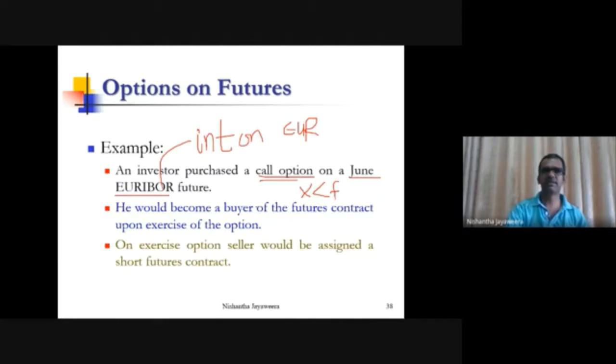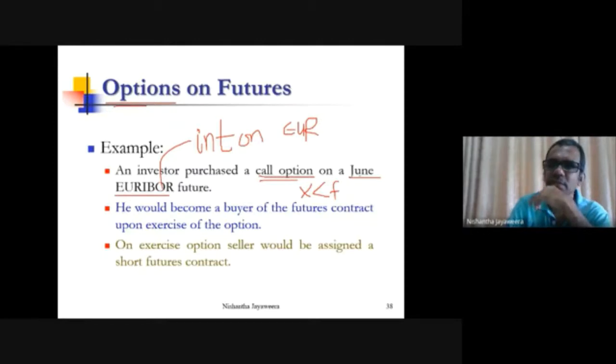In that case, the option buyer would become a long party to the futures contract, and the option seller would become a short party to the futures contract. But the only thing here is the maturity of the option cannot go beyond the maturity of the futures.